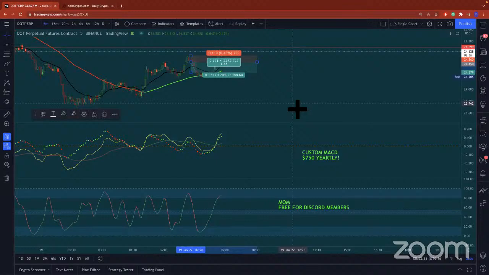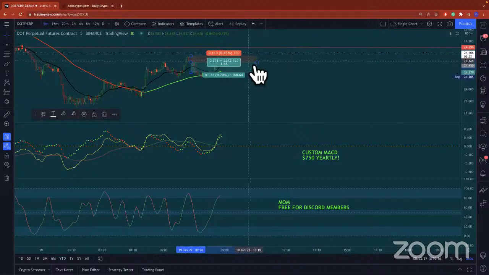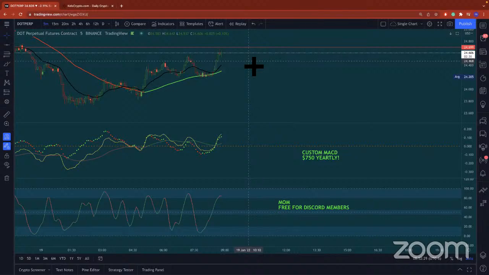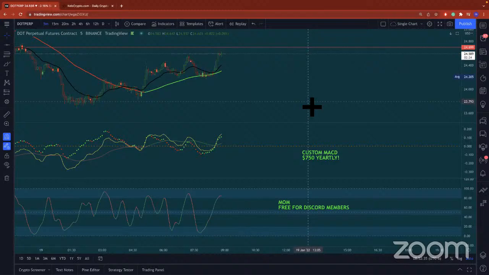That's a 7% trade. Not too bad. As long as you wait for the really good entries, you're going to be golden. So just patience is the key.